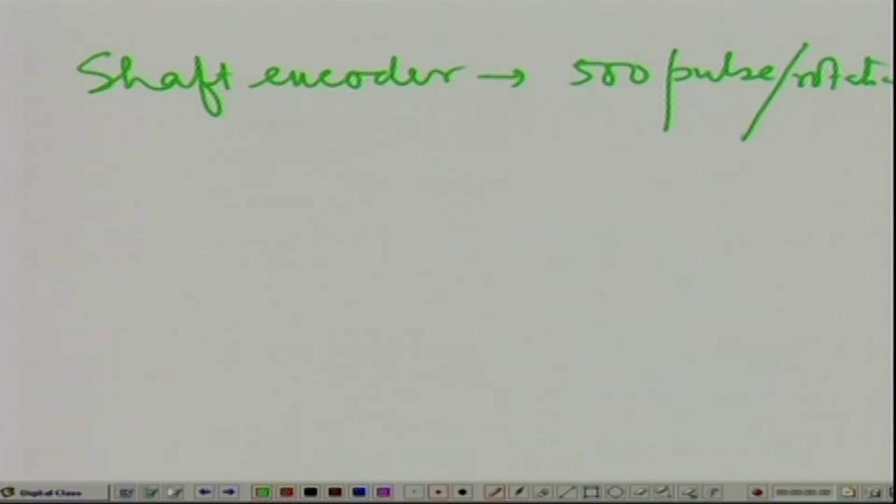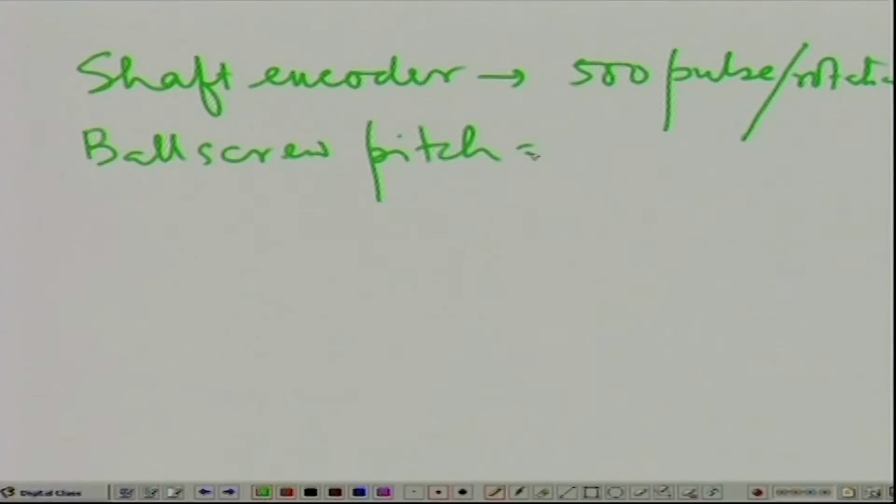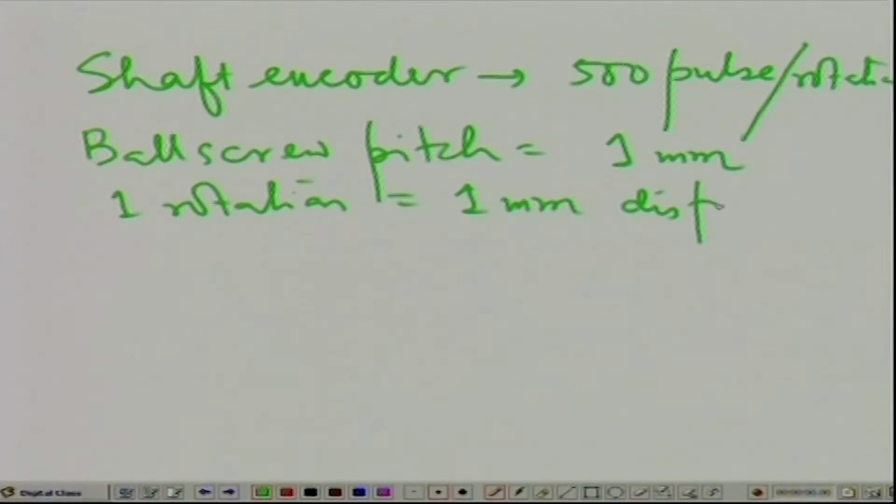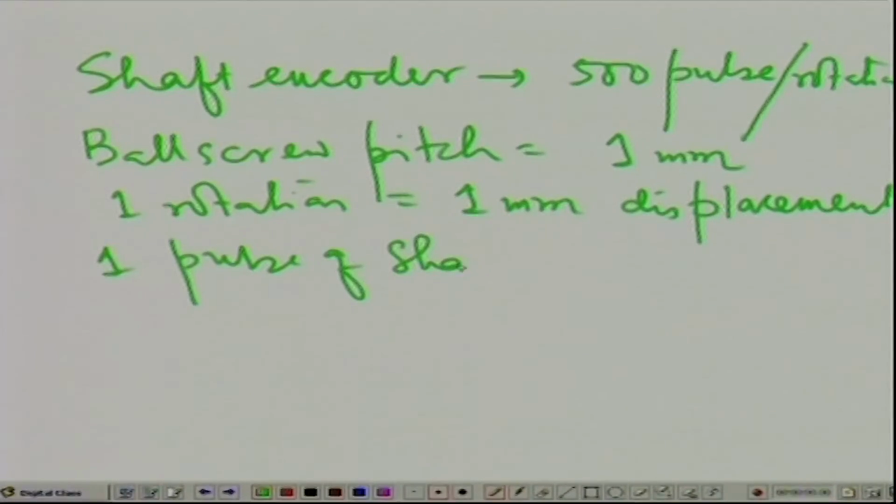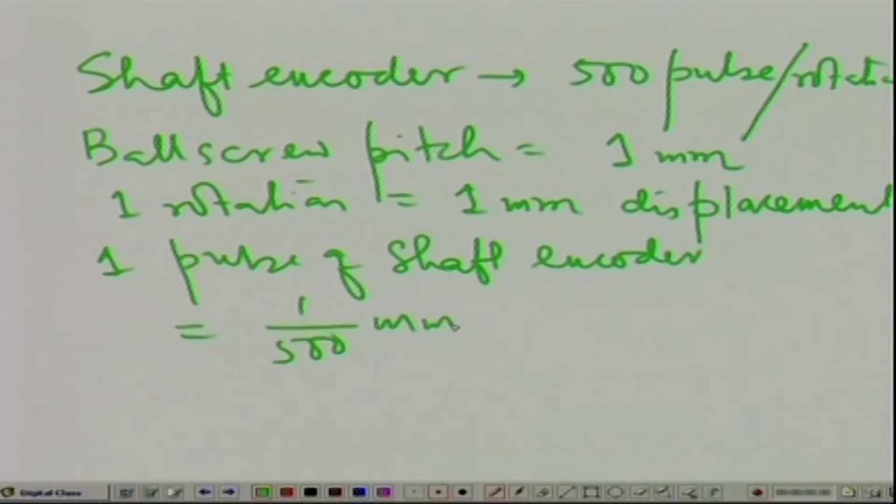On the other hand, the ball screw pitch is say 1 mm, so 1 rotation is equal to 1 mm advancement, 1 mm displacement. So now 1 pulse of the shaft encoder is equal to 1 by 500 mm, which is equal to 0.002 mm.